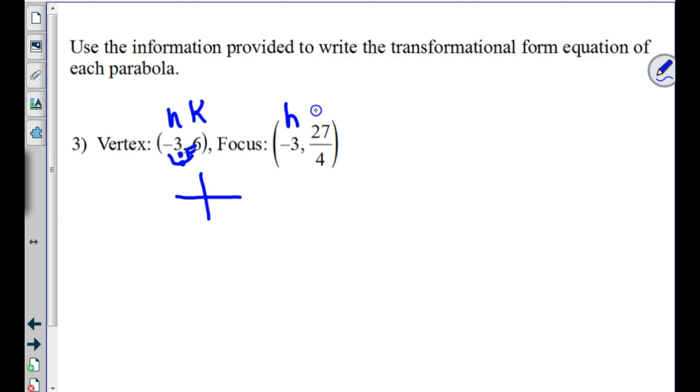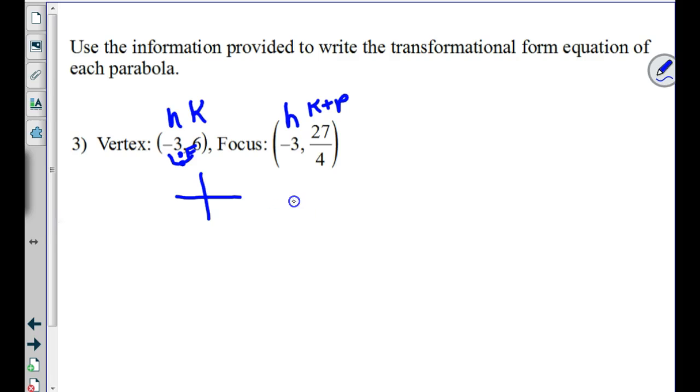So this should be k plus p, is what it says on the sheets. So what are we going to find? All we need is p and we have an equation, right?